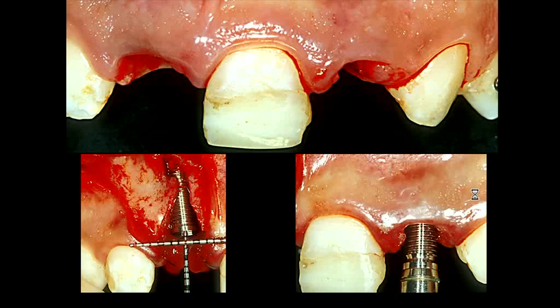Immediate implants were placed, and this meant that on one side, the lateral incisor received an immediate implant into an extraction site without a flap, and the central incisor received an implant which we can see here being positioned with a flap and needing a bone graft to enhance the site. This, of course, is the clinical execution.